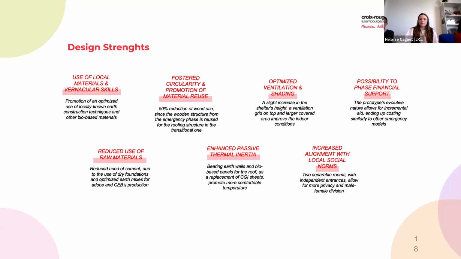We reduced the use of raw materials because we reduced significantly the need for cement with the dry foundations, as I mentioned, but also I will show you later on the hut bricks that we also tested. We tested the local earth that was being used to produce them, to ensure that we use the least amount of stabilizer, aka cement, and also reduce the cost, because cement was one of the most costly materials in our BOQ.